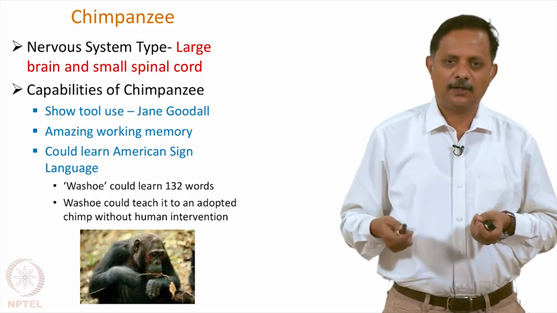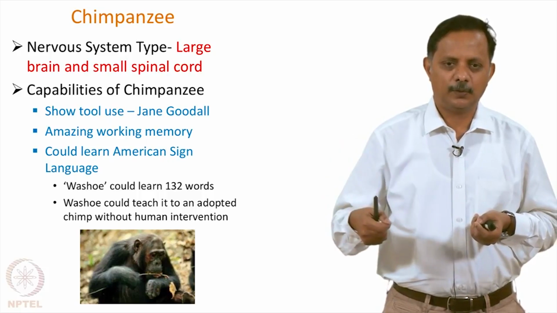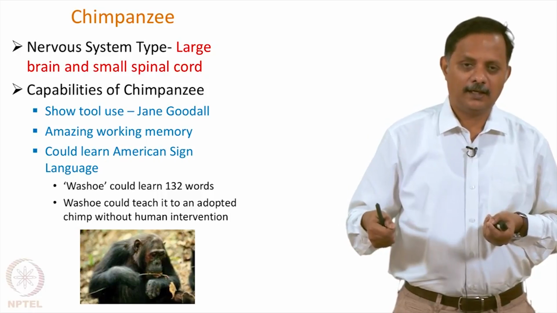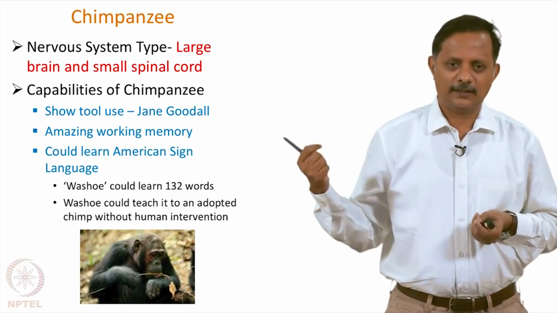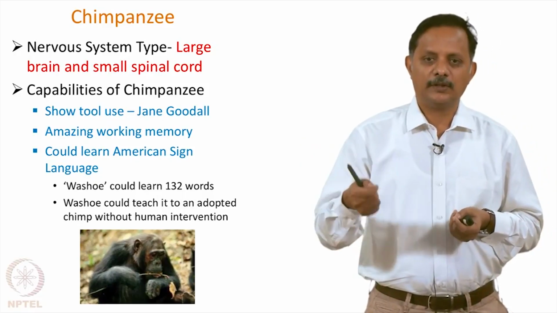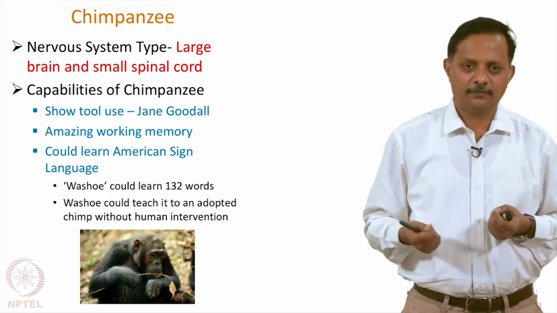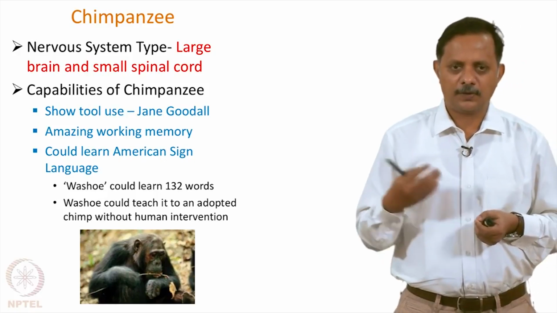And when she first saw a chimpanzee sticking a piece of twig into an ant pit, a termite pit, and the chimpanzee pulled out the twig and there were termites stuck to the twig and it could eat the termites. So, it is using a twig as a tool to access the termites. So, that is an example of tool use, and it was a big revelation at that time when she discovered that, and later on a lot more was discovered.